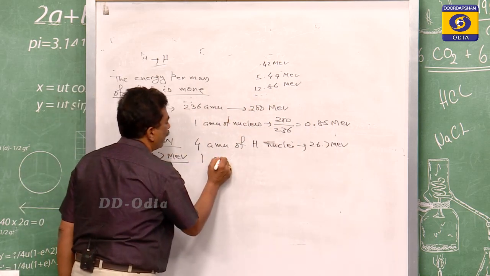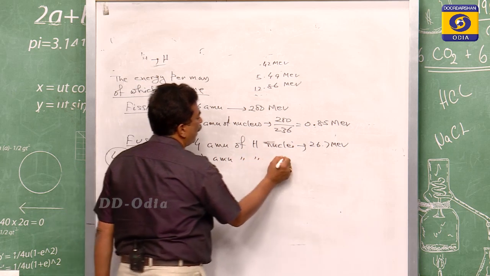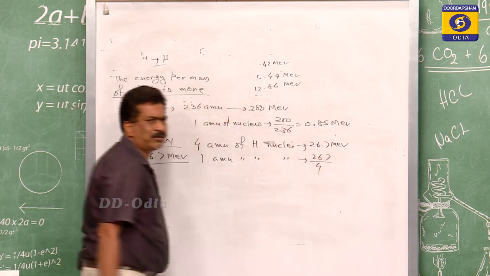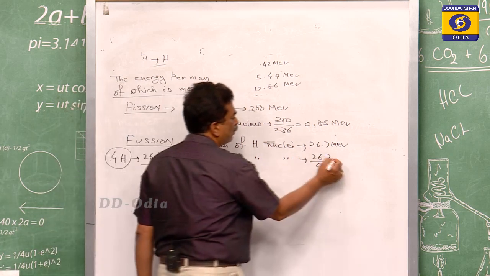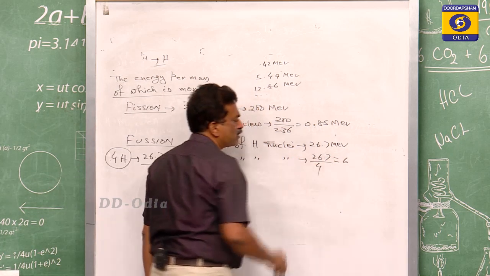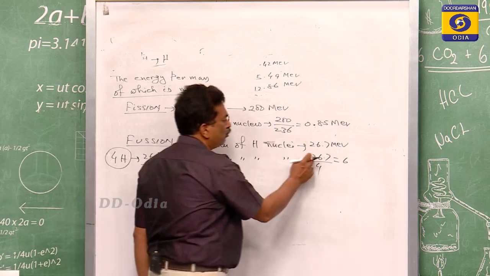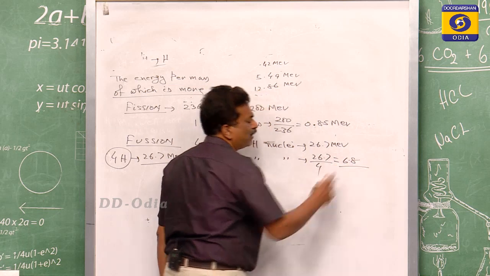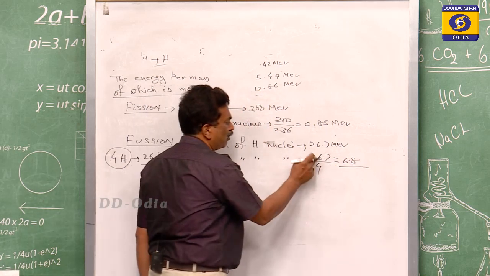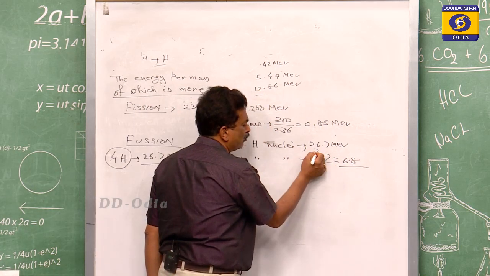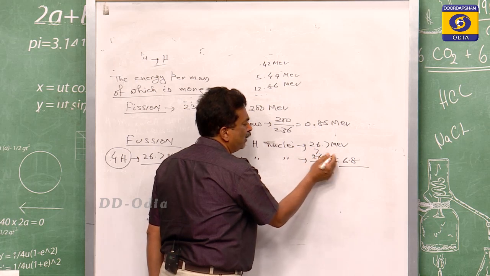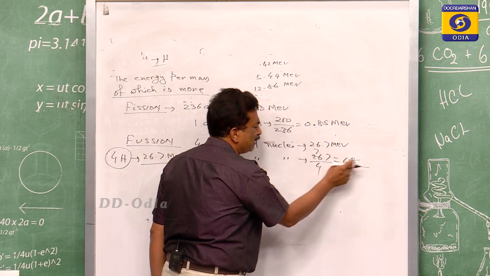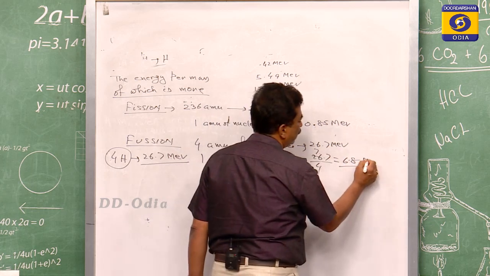Then for 1 mu of hydrogen nuclei, 26.7 by 4. So 4 times 6 is 24, then 2.7 divided by 4, approximately 0.67, so that is approximately 6.8 MeV.